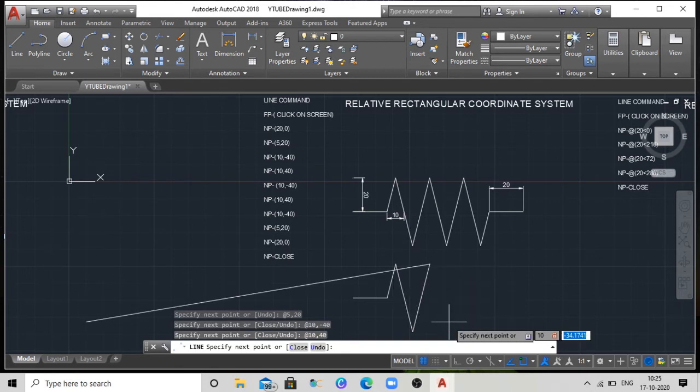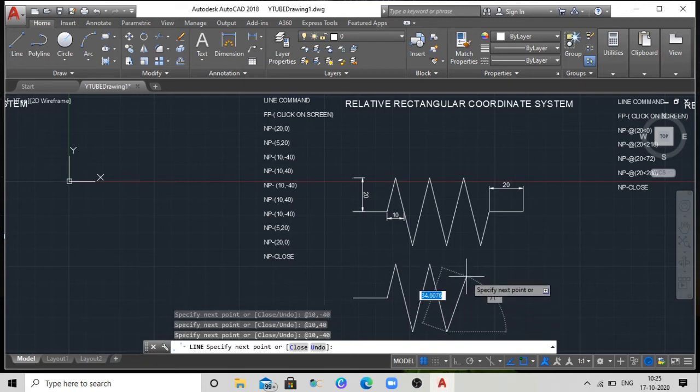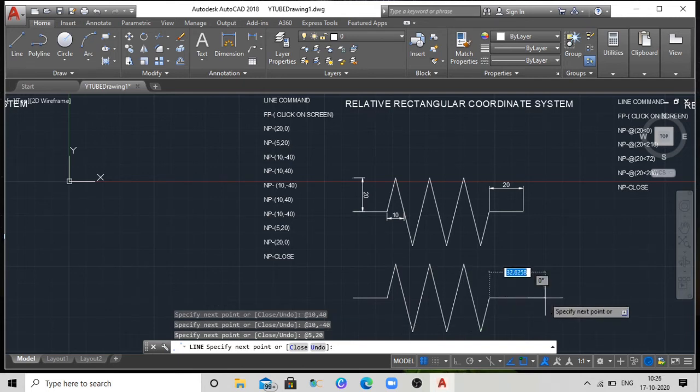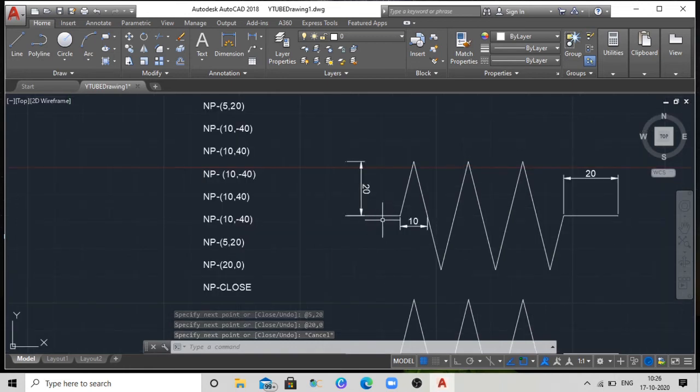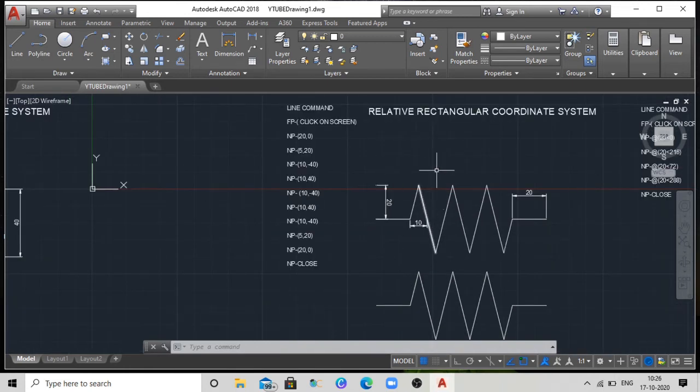Then again 10,-40, then again 10,40, then again 10,-40, then again 5,20, then last one will be 20,0 and close. So already here I have shown the distances. By this we have done our example related to the rectangular coordinate system.